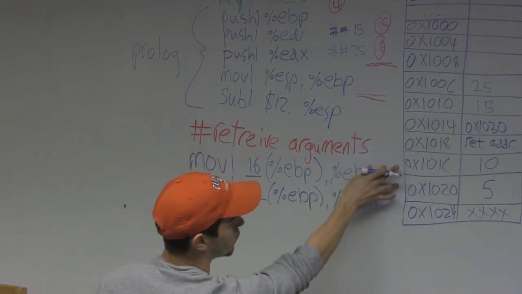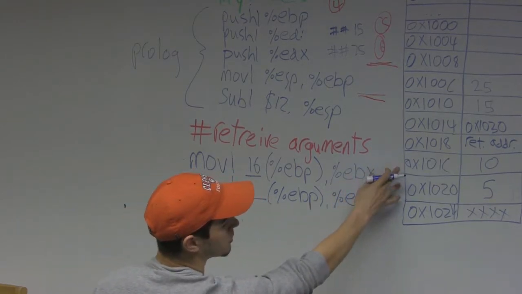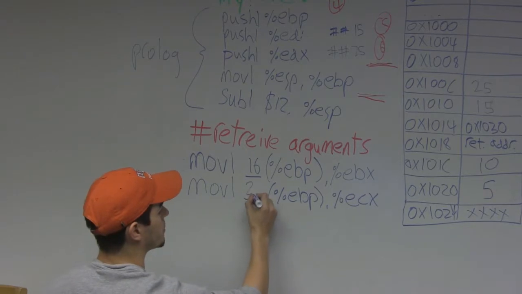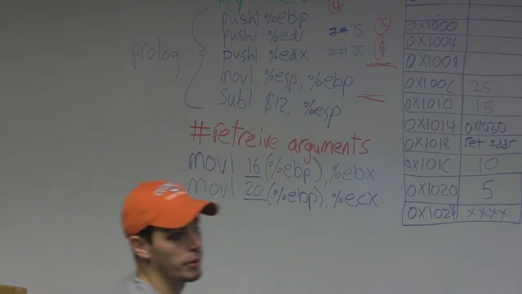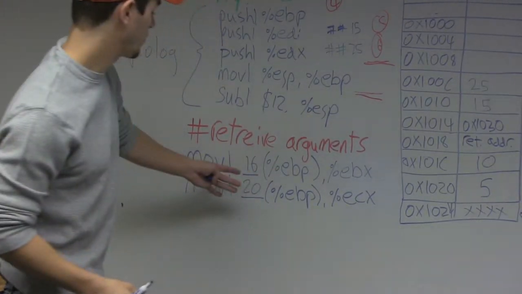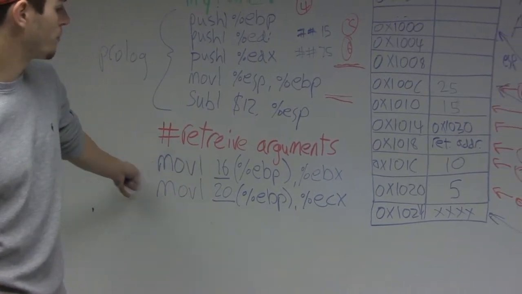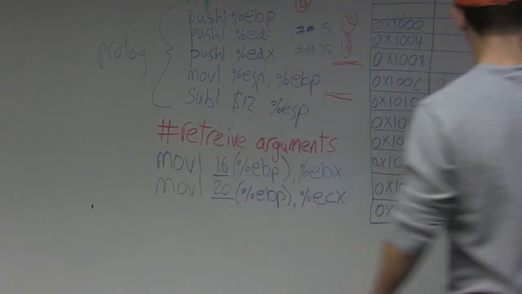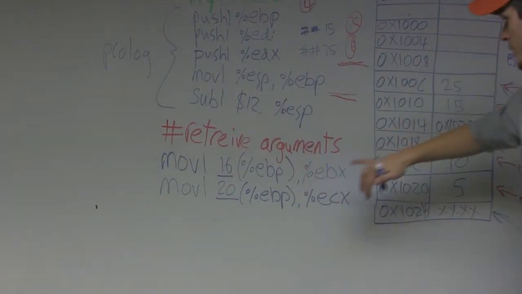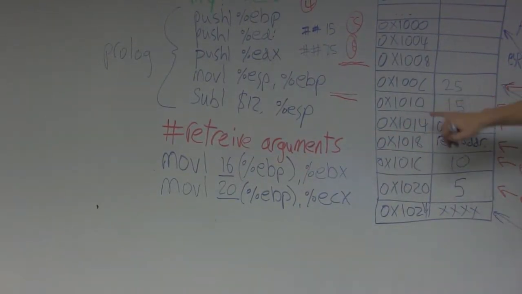And just one more box away would be 20, since each one takes up 4 bytes. So now, by implementing these two instructions, we've moved the value pointed to 16 bytes above the base pointer.